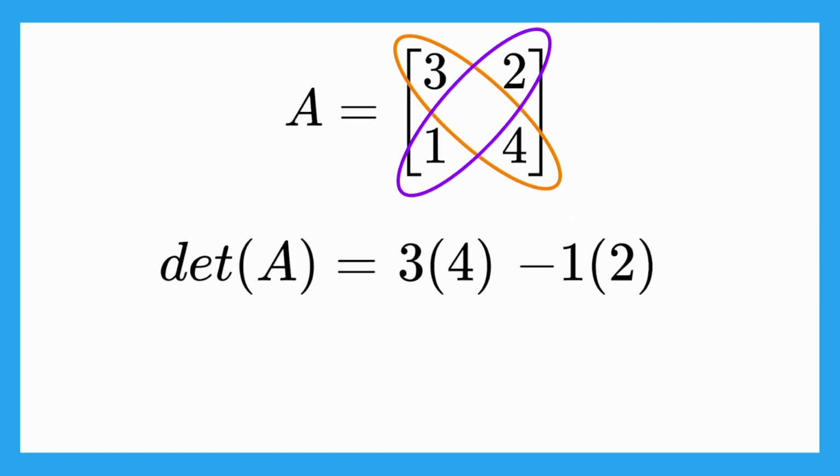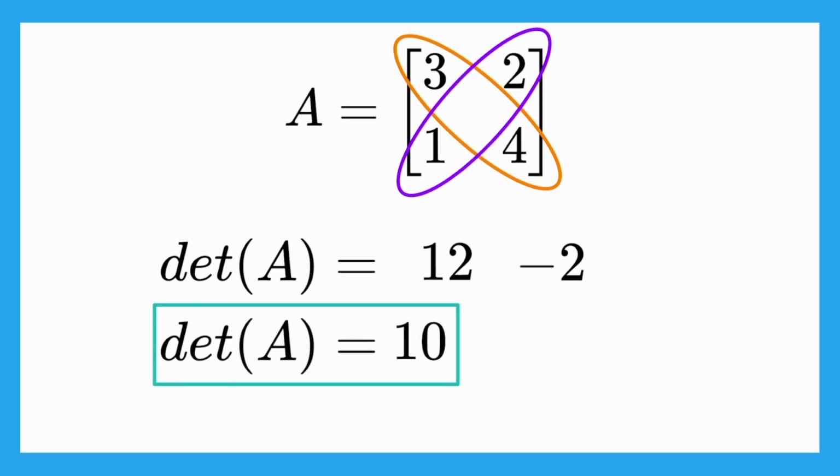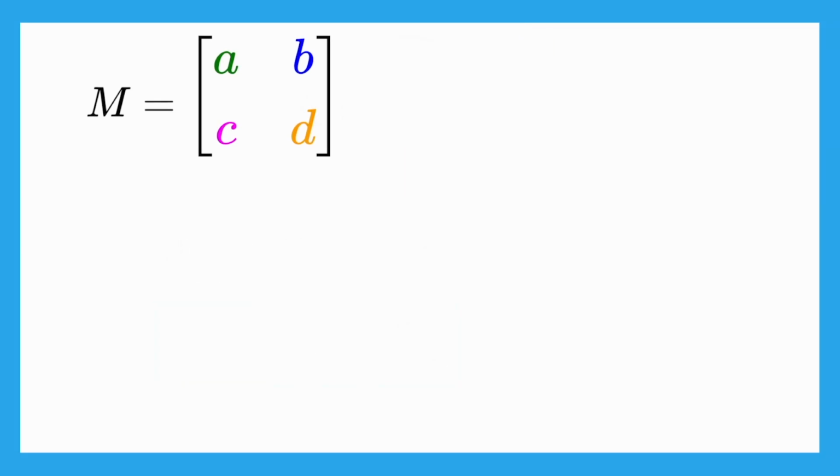In this case, 12 minus 2 equals 10, so the determinant of A is 10. Let's write this as a general rule that we can use for all 2 by 2 matrices. For any 2 by 2 matrix M, the determinant is equal to AD minus BC.